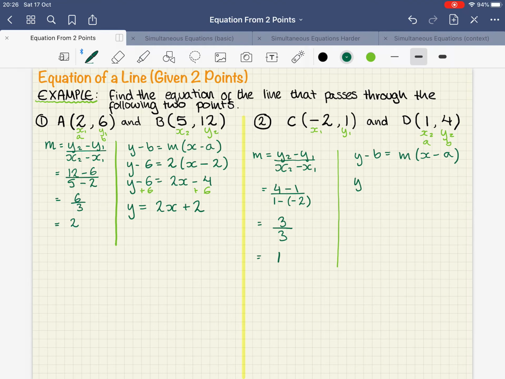So I've got y minus 4 equals 1 bracket x minus 1. And then that is just going to still be x minus 1. Then add the 4 to both sides. So I've got y equals x plus 3.